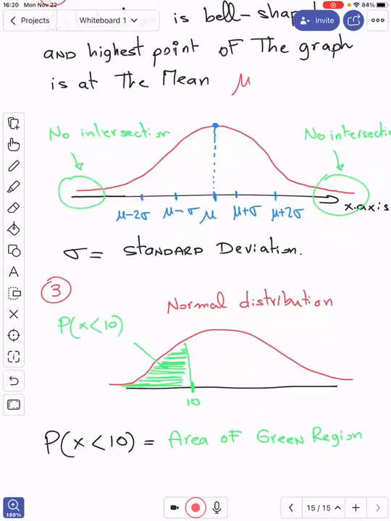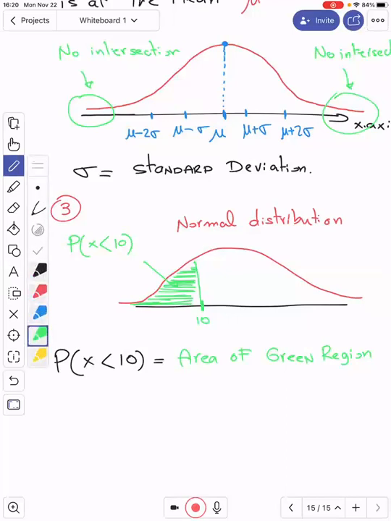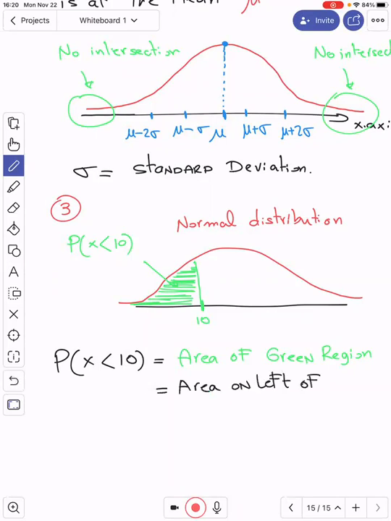So this is the area on the left of 10. The probability that X is less than 10 will be the area on the left of 10. But what you need to keep in mind again, guys, is that the area under the graph of the normal distribution is equal to 1.